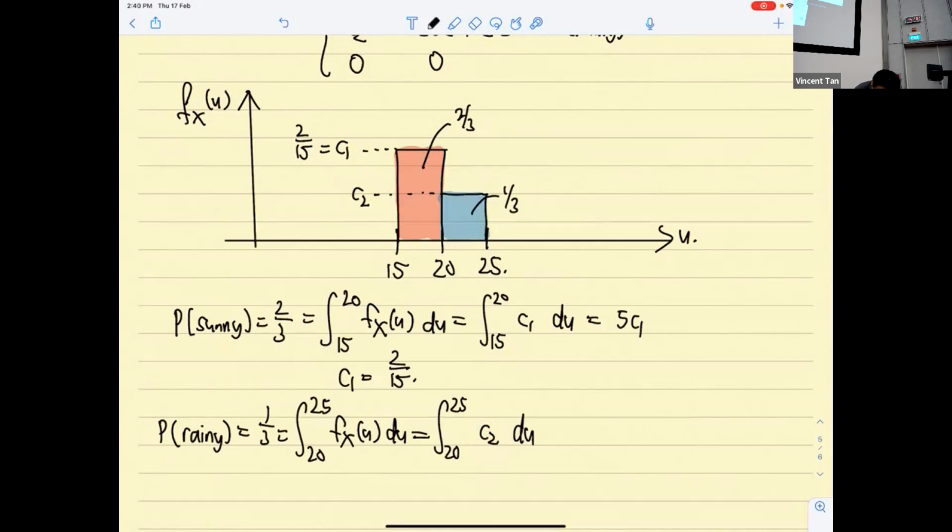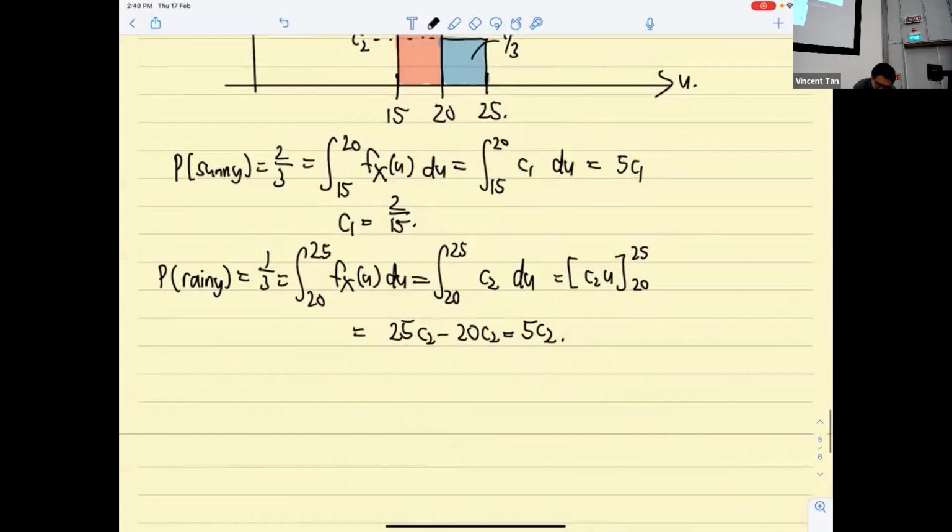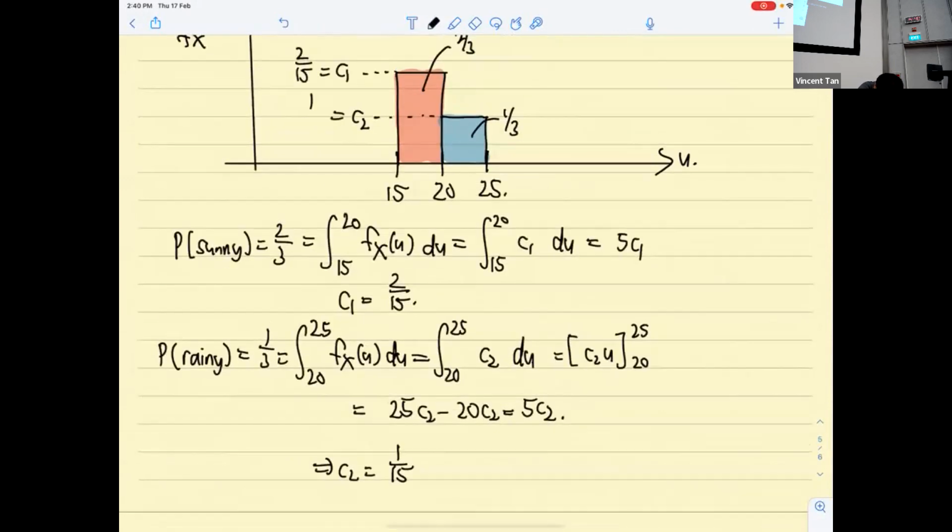So now here we have 5 C2. Where does this 5 come from? This 5 is the difference between these two numbers. You know how to do this integration. Basically, you have C2 u evaluated from 20 to 25, so you have 25 C2 minus 20 C2, that is 5 C2. So by equating this 1/3 and this 5 C2, we get C2 is equal to 1 out of 15. And so that is the level here, 1 out of 15.